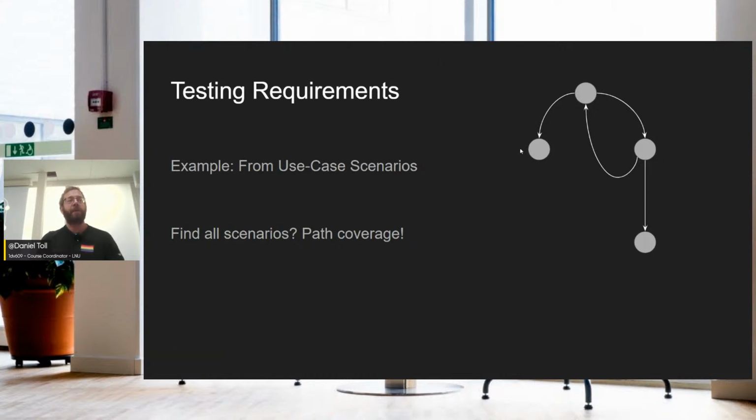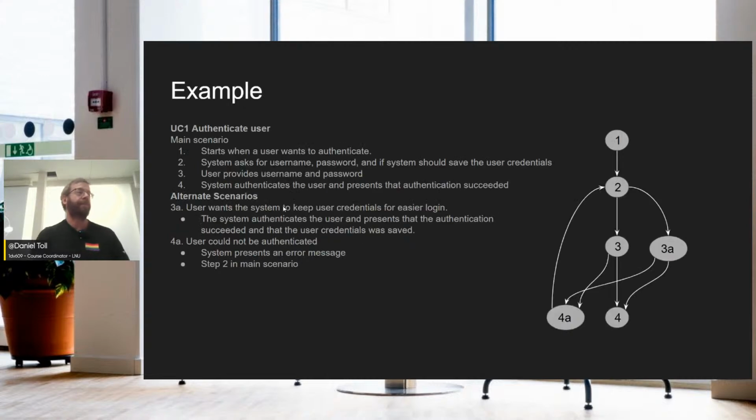So we want to have one test case that represents this one and goes down here, another test case that goes down here, and another test case that goes down here and down here, another test case that goes down here and up here, and perhaps it goes down here, or down here, up here, and all the way down here. So you can apply the same kind of idea of path coverage on use cases.